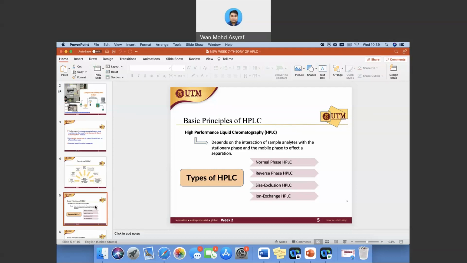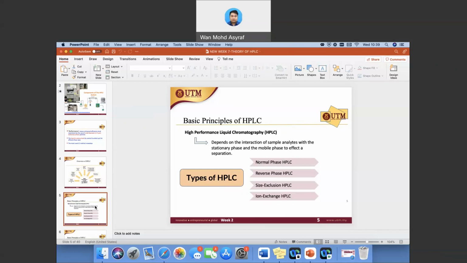So basically, now you imagine yourself as an analyte. You are flowing inside the column, inside the stationary phase, with the mobile phase. As you look at the schematic diagram, the mobile phase would be carried by the pump inside the column together with you yourself, which is an analyte. So you yourself would travel inside the column with the mobile phase.